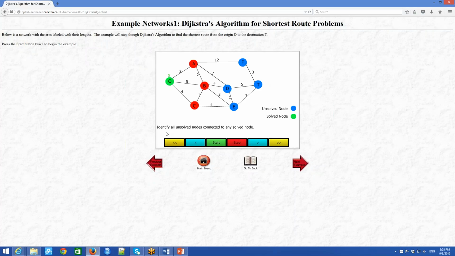Essentially we use some sort of method to label the solved node versus unsolved node. We're going to go through this detailed example later on in our class. But here, just to give you a sense of how this can be solved.